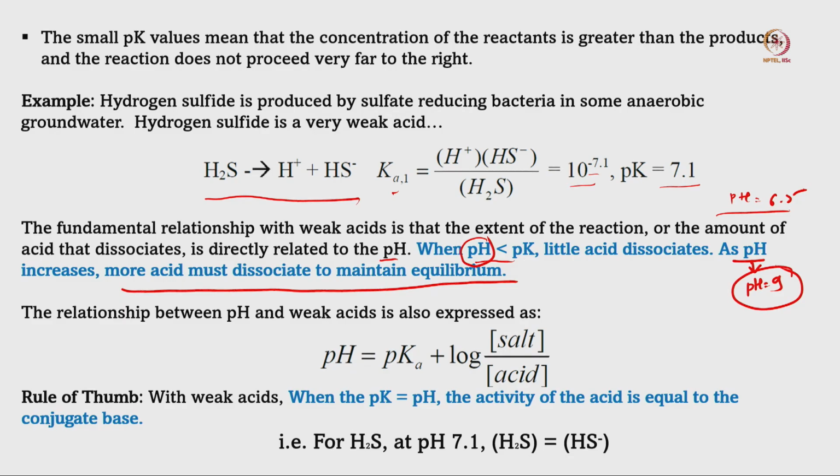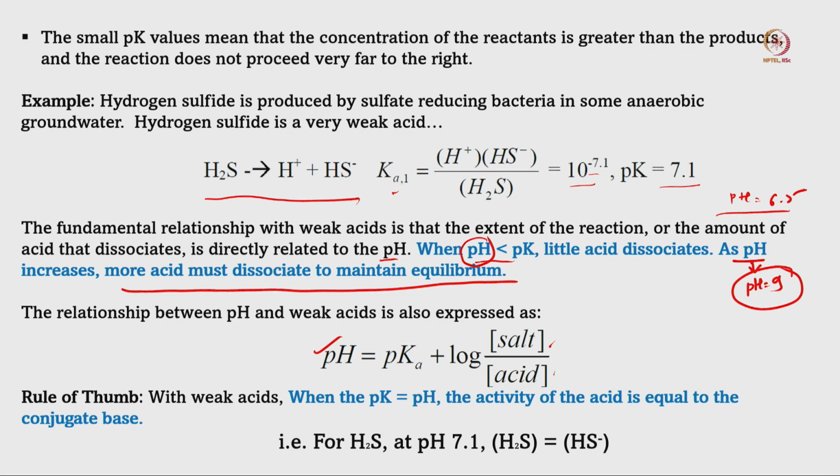So, the relationship between pH and pKa for weak acids is this: pH is equal to pKa plus log of the conjugate salt concentration divided by the acid concentration.